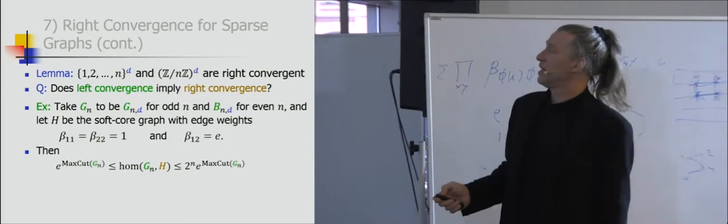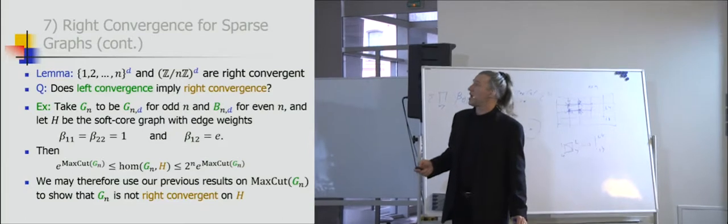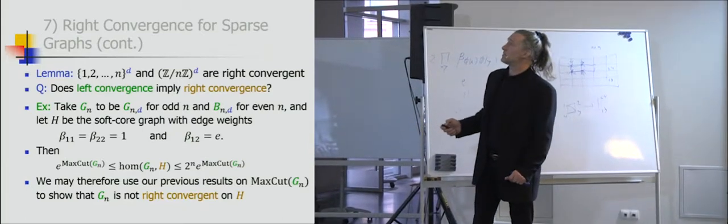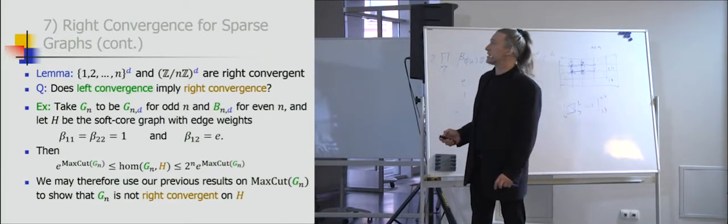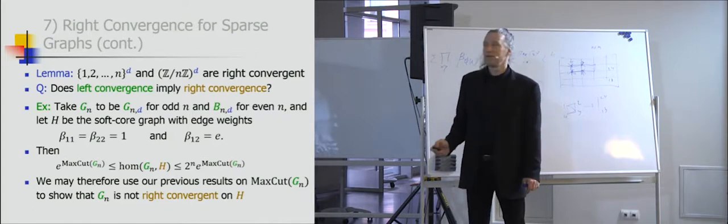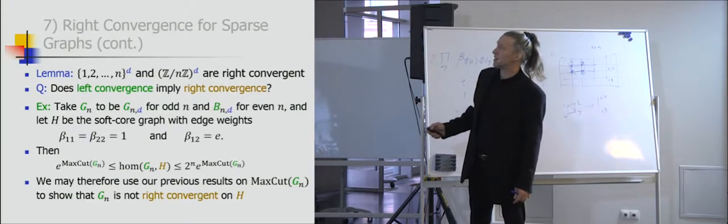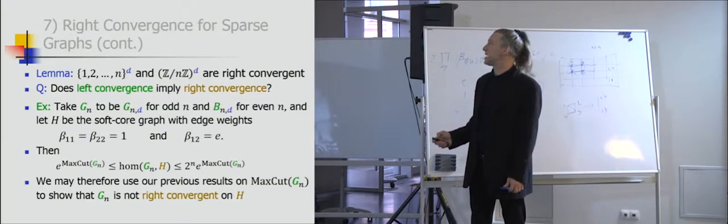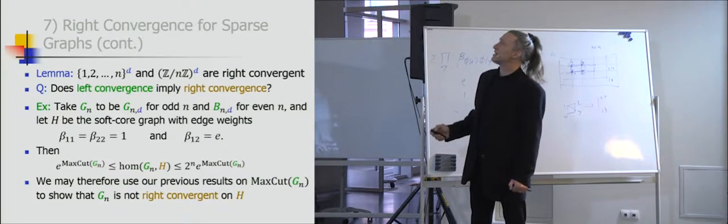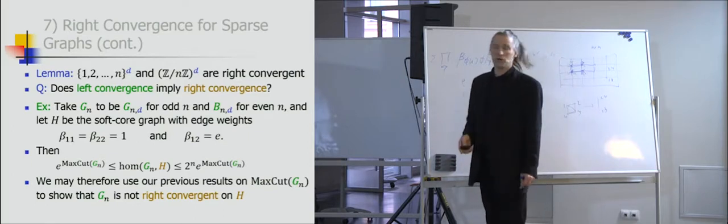And now if we look at these graphs with large enough d, the size of the max cut goes up with d, and the max cut is about double as large for the bipartite graph as for the non-bipartite graph, so this won't converge, okay?